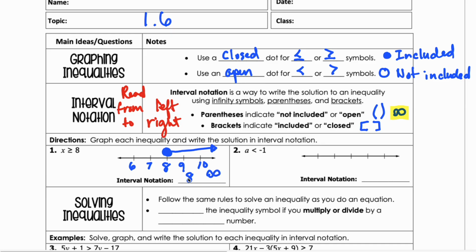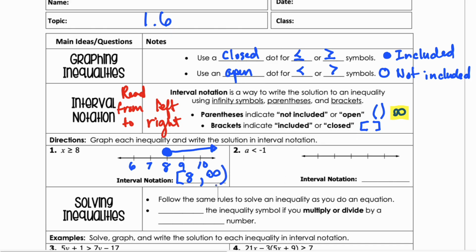So I know that 8 is my first number and infinity comes next. All I need to do is figure out what I'm going to use. In this case, since I hit a closed bubble, it means that it is included. That means I'm going to use a bracket for my 8. And remember, our infinity always gets a parenthesis.